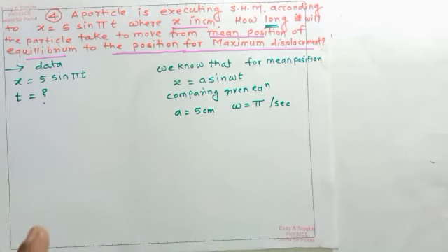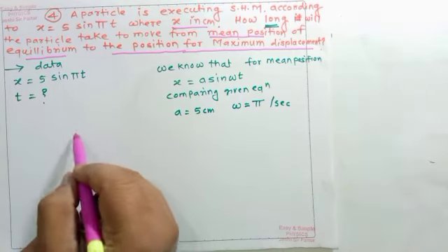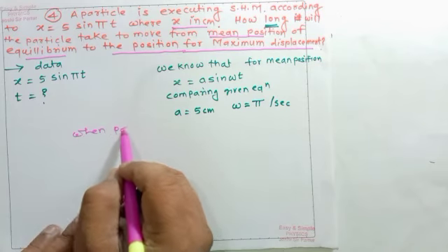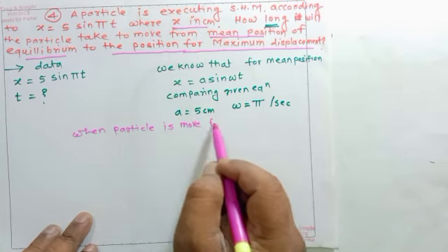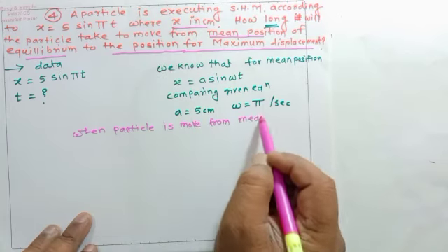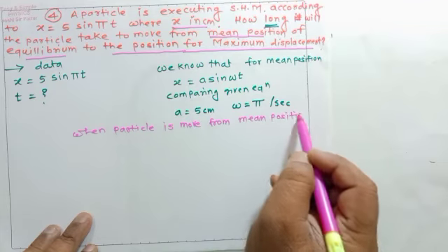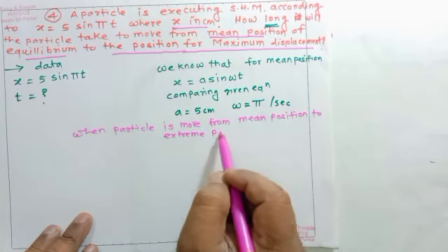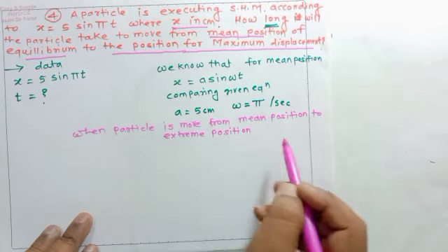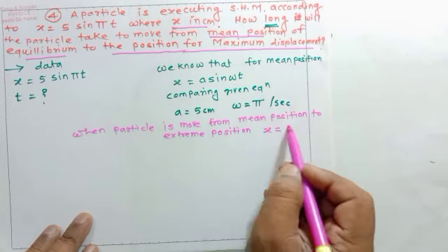When the particle moves from mean position to the position of maximum displacement, that is the extreme position, for extreme position x equal to a.